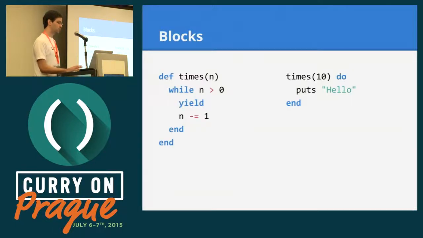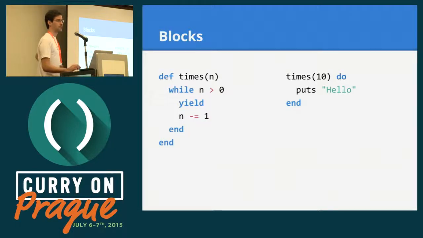Then, just like in Ruby, methods can accept blocks. On the left-hand side, we have a method declaration. On the right-hand side, we have some code invoking it. With the yield keyword on the left, what happens is that we execute the block that's passed on the right. And the code on the right looks really nice and really expressive.